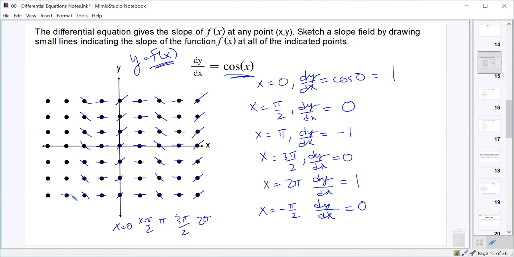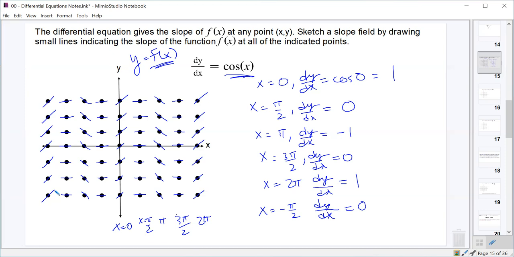Moving back one more to -3 pi over 2, we're back to 0. And then at -2 pi, the cosine of -2 pi is just 1. And so this is our slope field. It's a general representation of what y equals f of x, or the solution to dy dx equals cosine x, looks like.